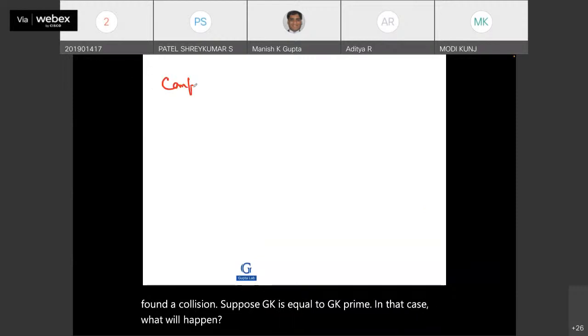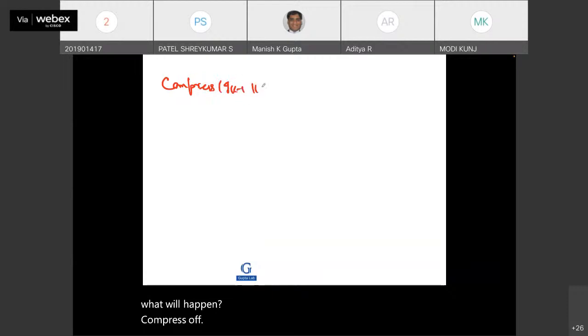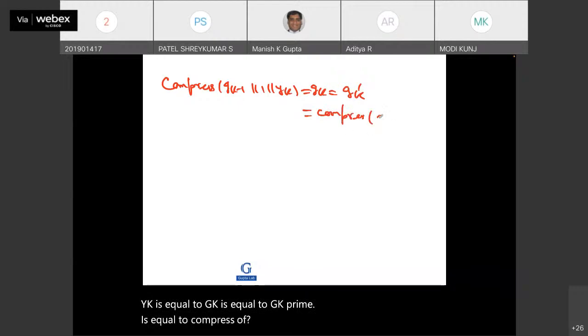Compress of gk minus 1 1 yk is equal to gk is equal to gk prime is equal to compress of gk minus 1 prime 1 yk prime.